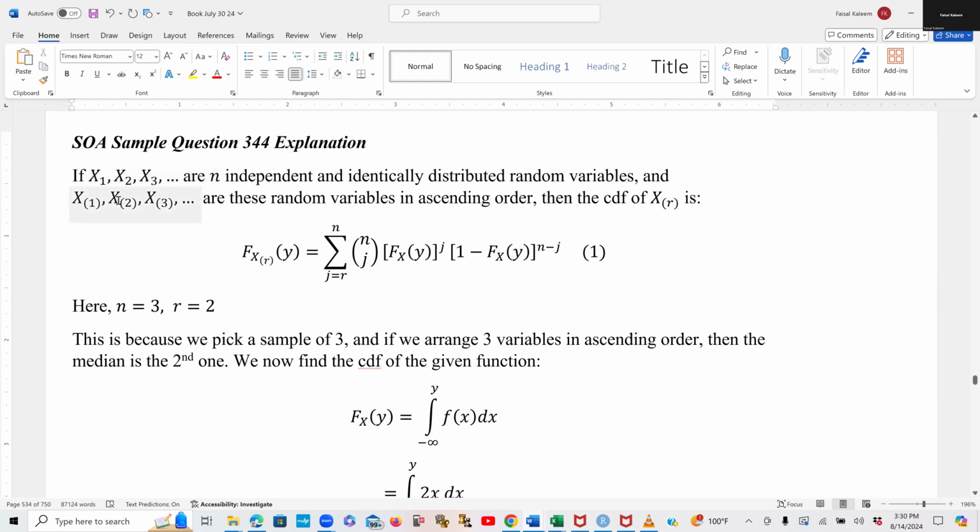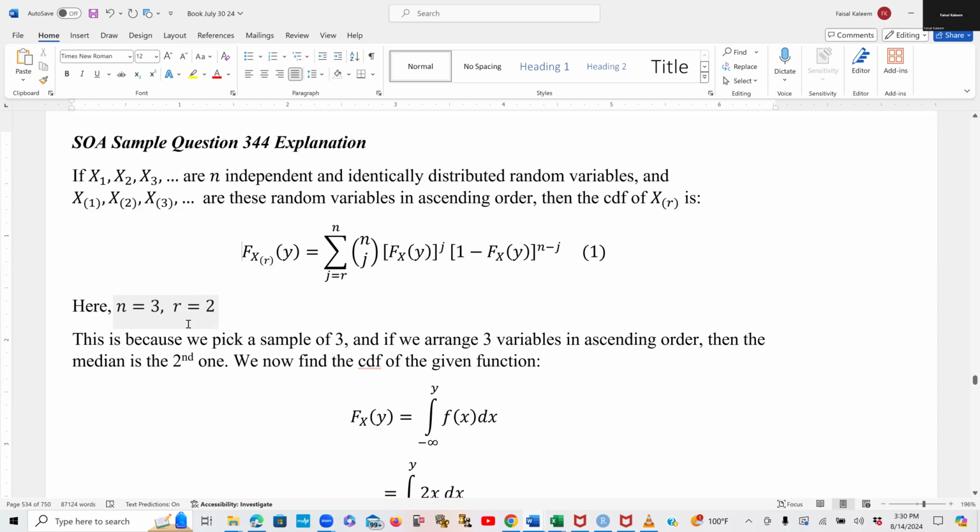To find the median, you first have to order the list. So the median of these 3 is going to be the second one, and that's why r is 2. So r is the position of the variable in which we are interested.